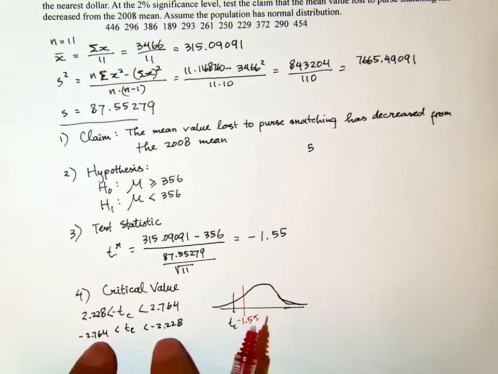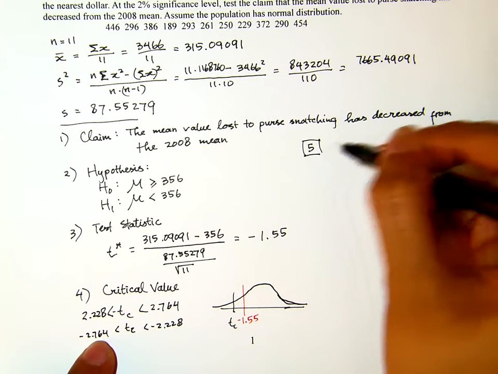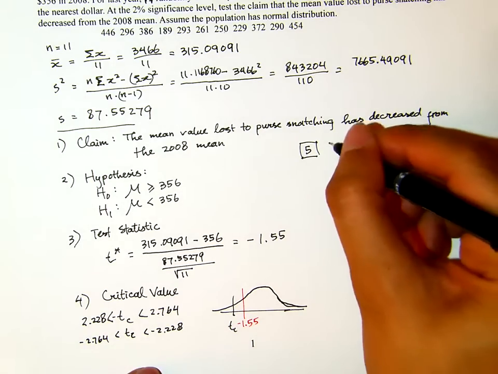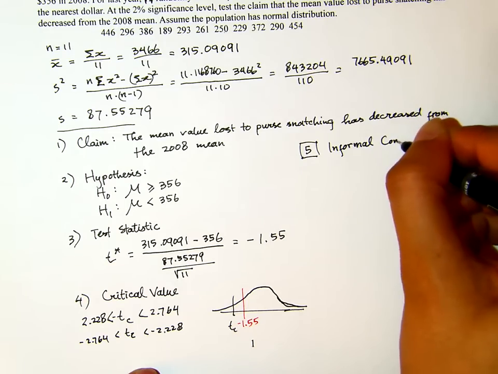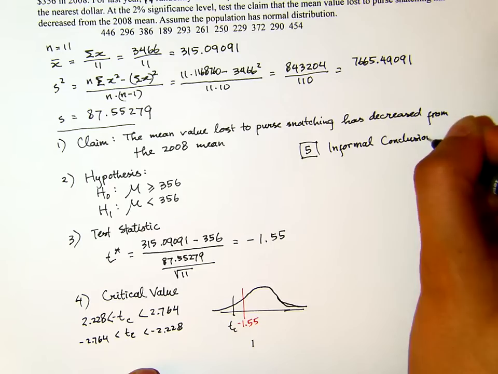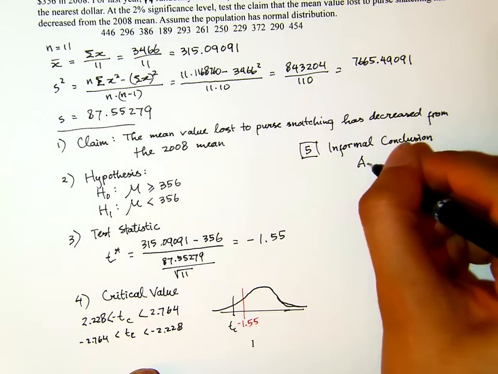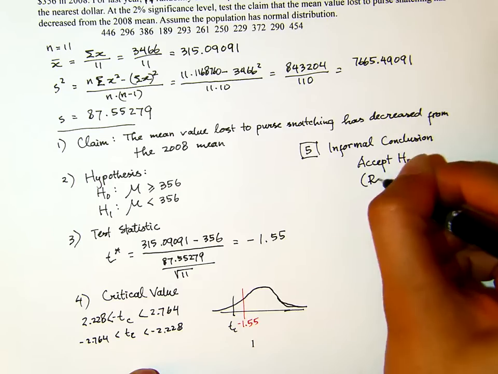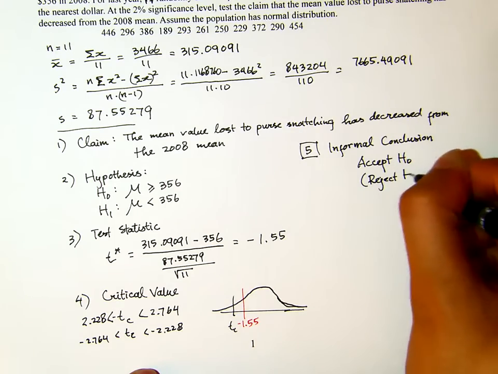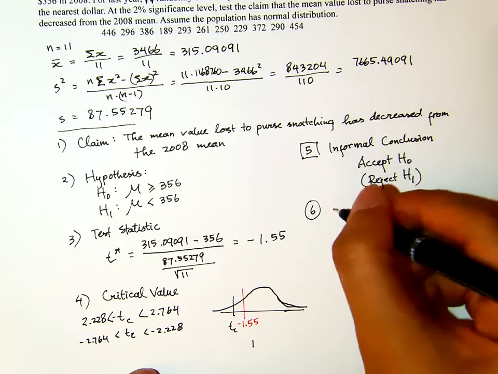My t critical is less than negative 2, so you will see that my informal conclusion is we accept the null hypothesis, or in other words, you reject the alternate hypothesis.